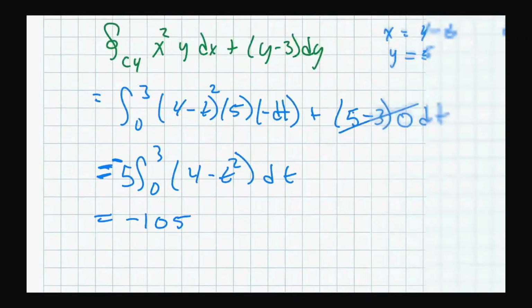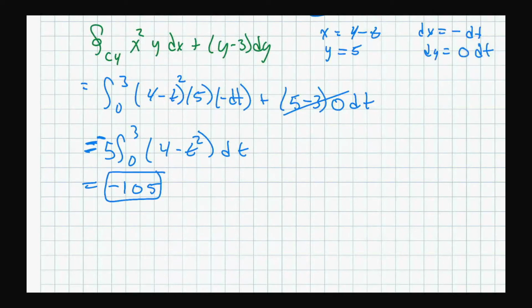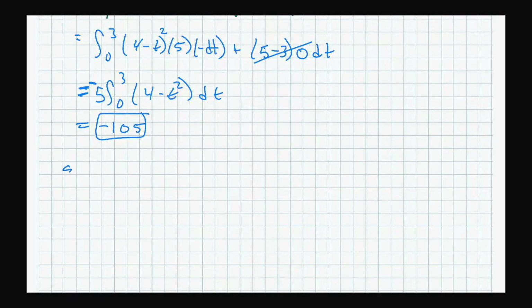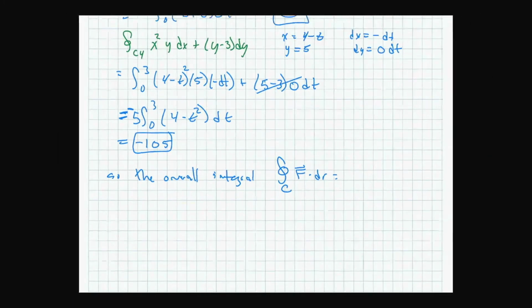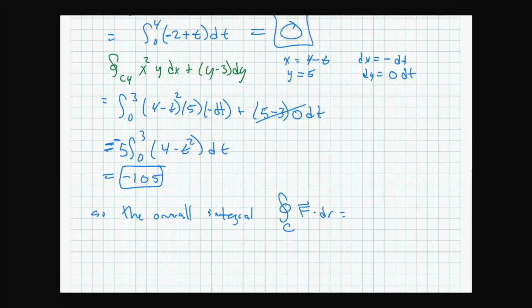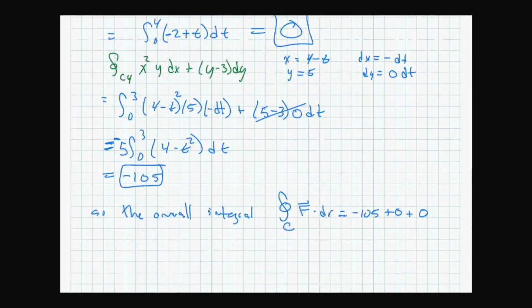Okay, so we did those. And then if we add them up, the overall integral over C, I'm just going to write F because I don't want to write it again. What did we get? Well, we had the negative 105. We have a 0. I know we have another 0. And then we had something else and a 21.